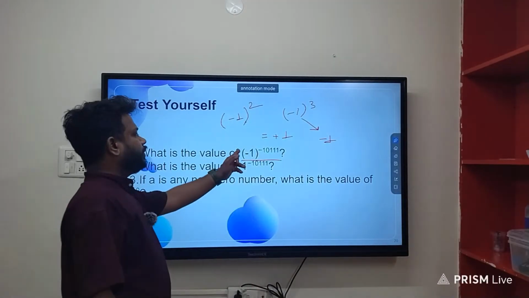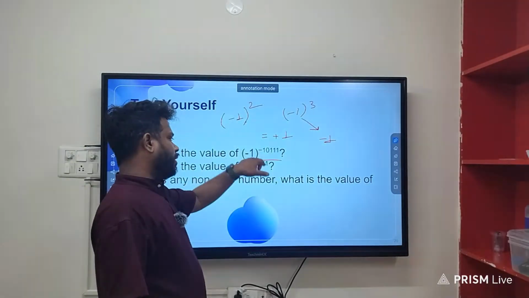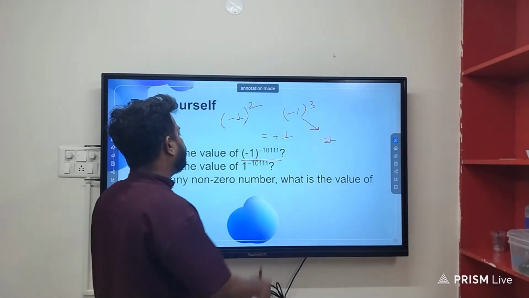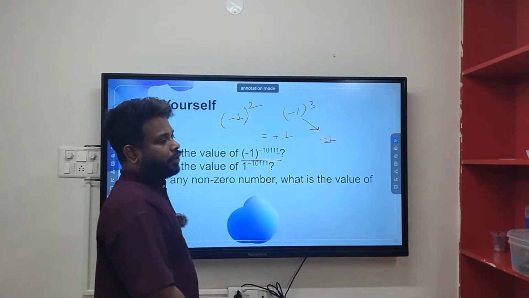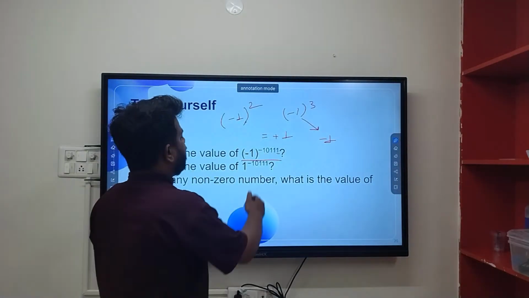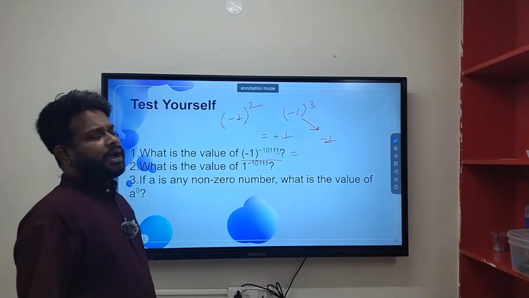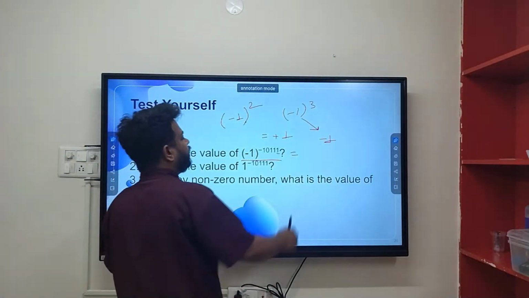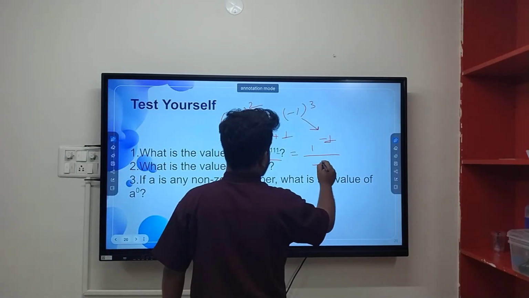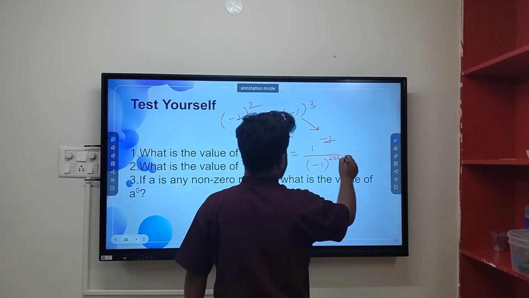Okay, so here we have minus 1, and as power we have 10,111. We know that 10111 is an odd number because the last digit is odd, so the whole number is odd, and we have the minus sign, so it will be minus 1 to the power 10111.